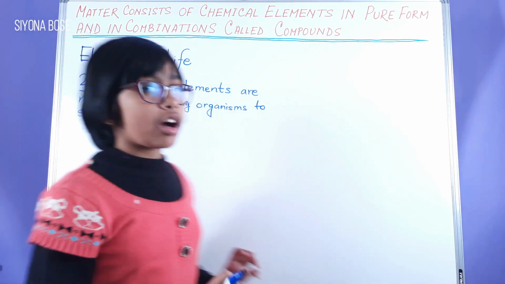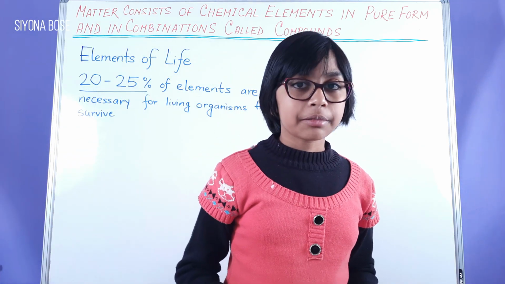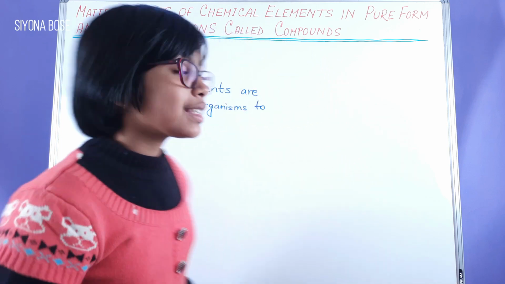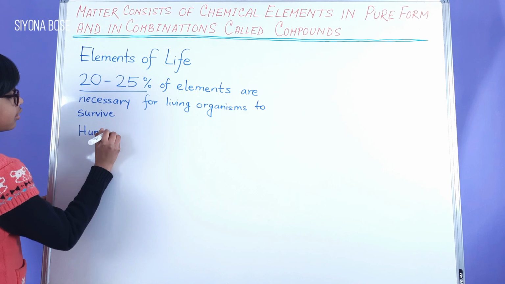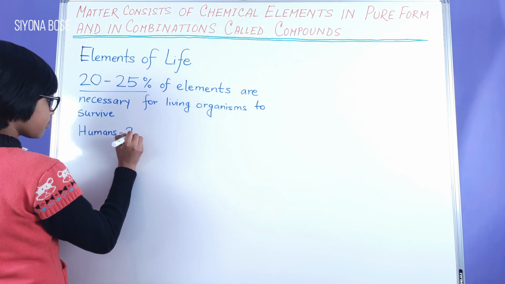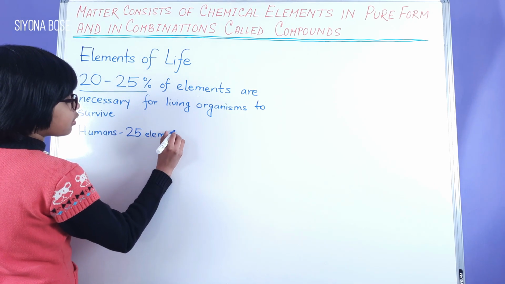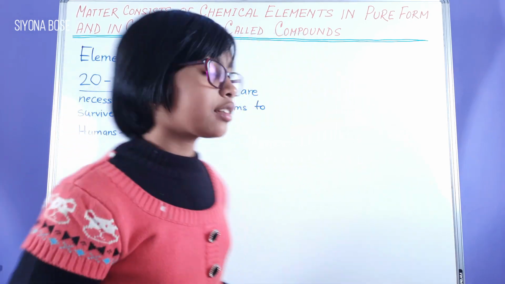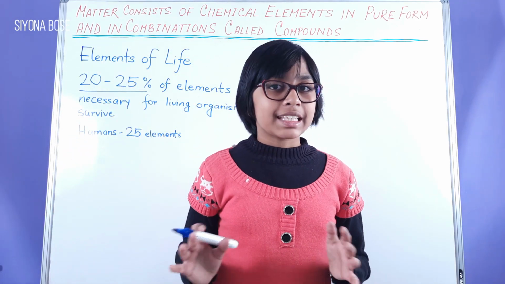There are some variations: in humans, we need 25 elements, but for plants, we need 17 elements.